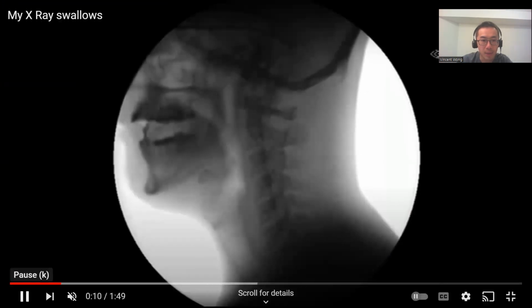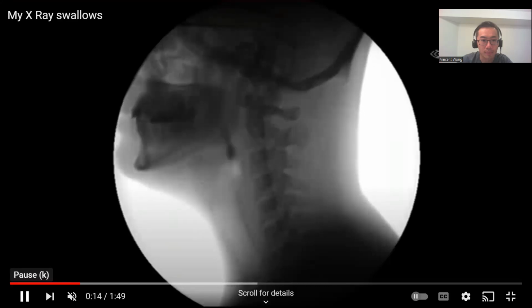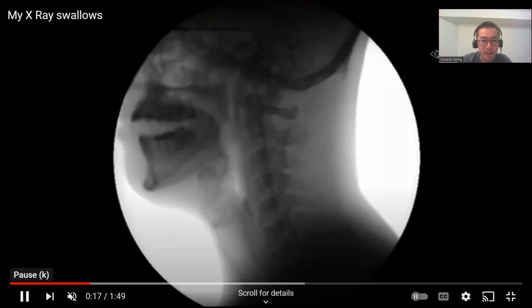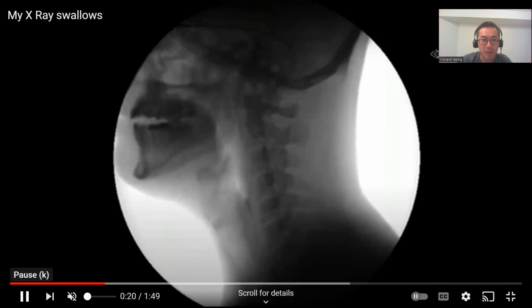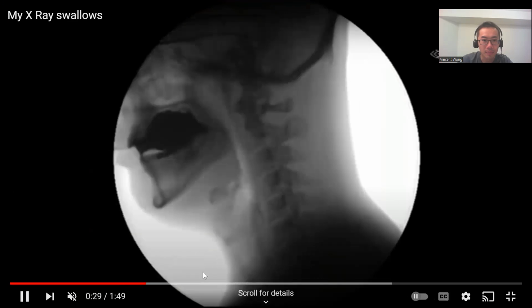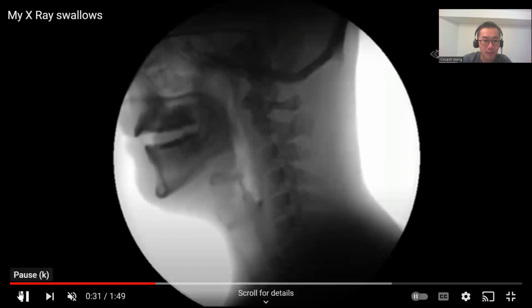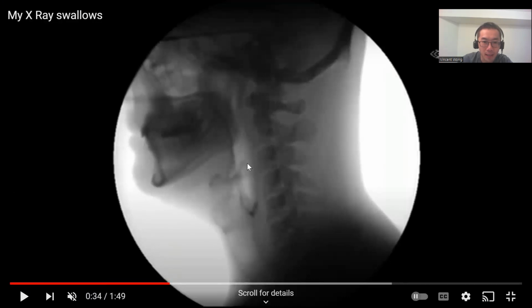And take a look at what happens when the person swallows. Okay, did you see that? Right. Let me play a little bit longer. Okay, see if you can find the epiglottis in this video. Do you see the epiglottis? Oh, I think the person is swallowing liquid now. Okay. Right here, that little line right there.